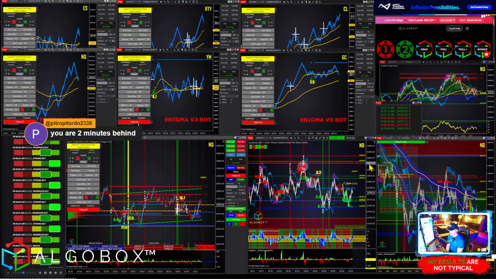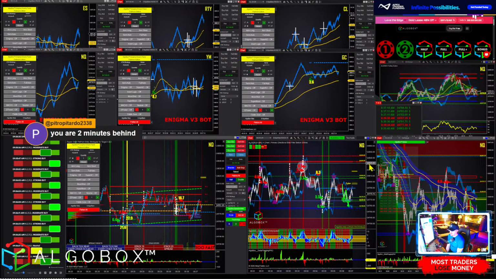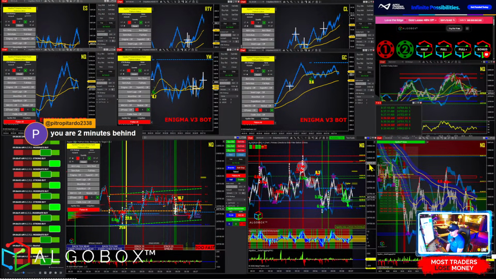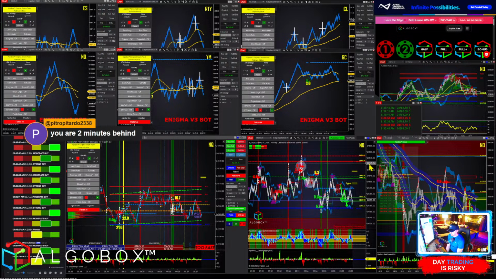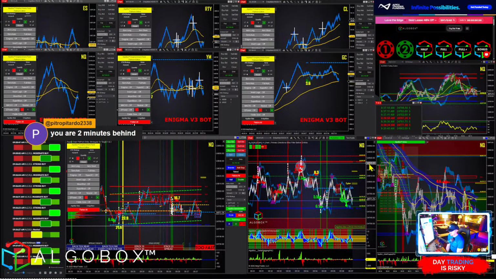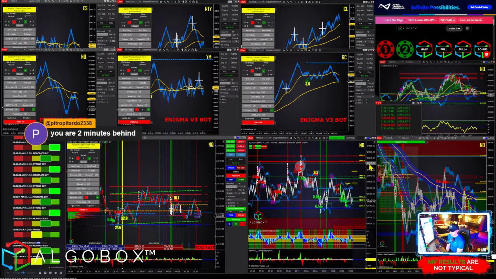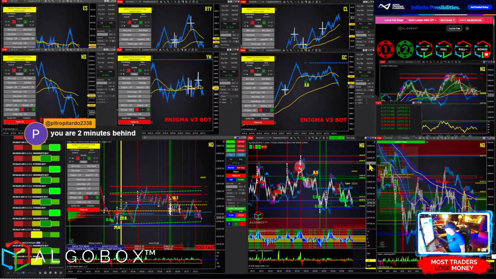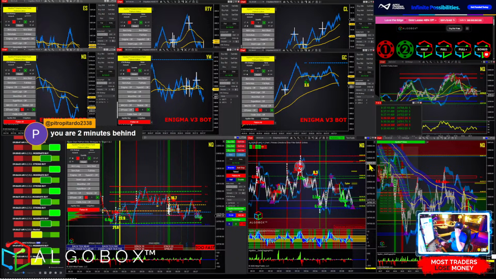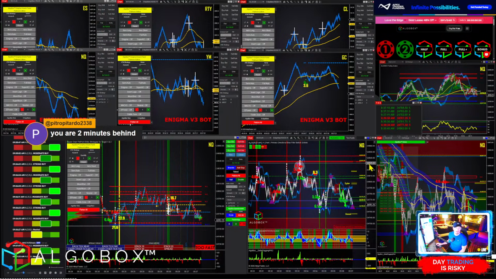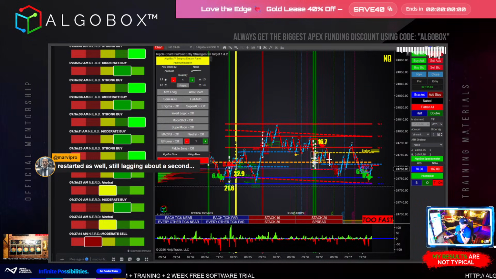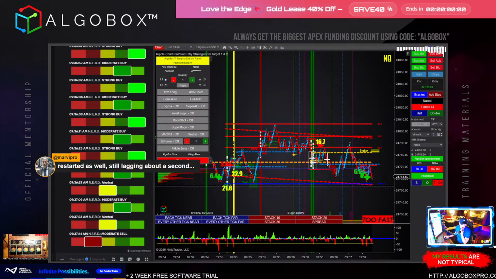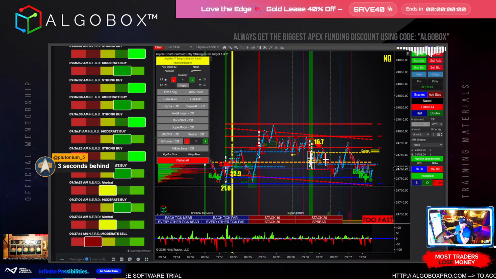Fib NQ on the 34. Divergence up NQ on the 9. Lower bands touch NQ on the 34. NQ on the 5.